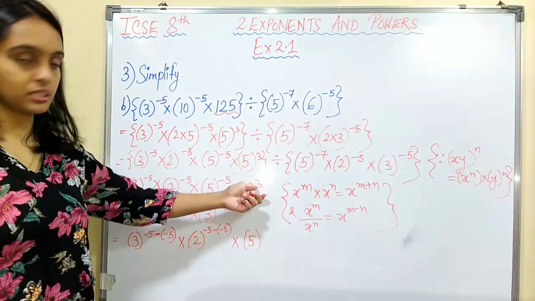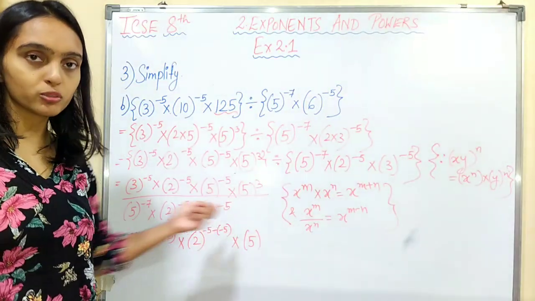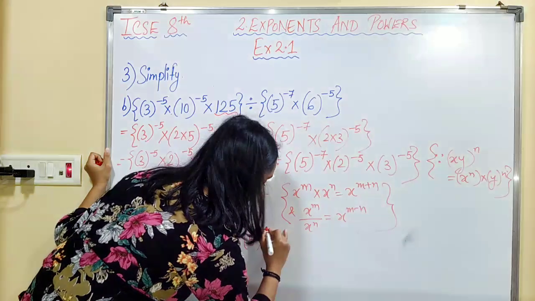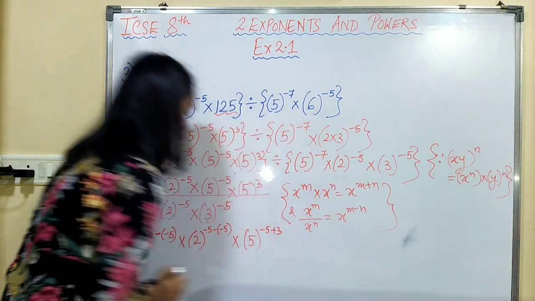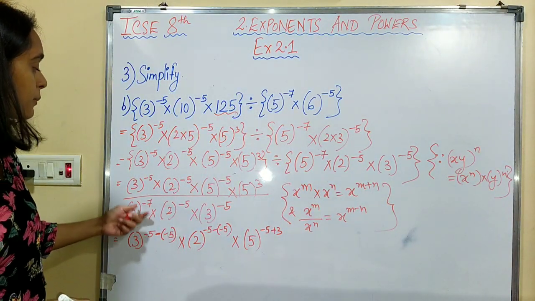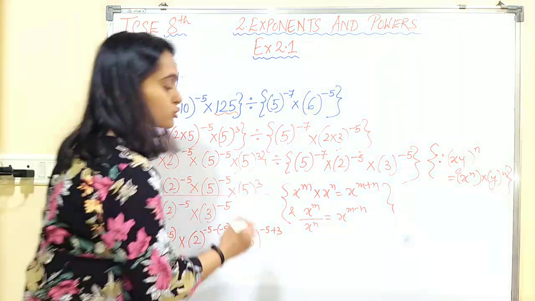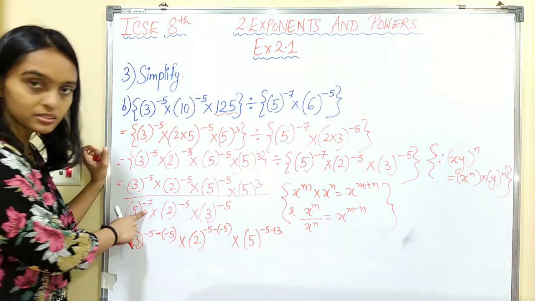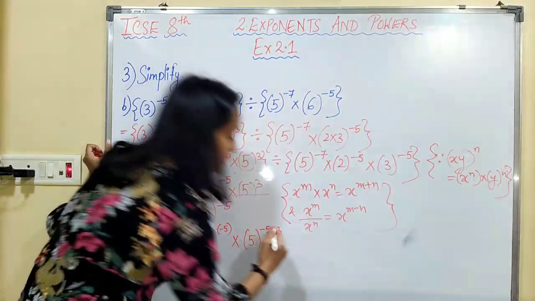Minus 5 plus 3, because both are in the numerator, so first we will add them. Minus 5 plus 3, and in the denominator we have 5 raised to minus 7. So minus of this, so minus of minus 7.